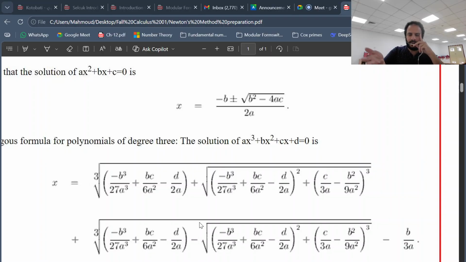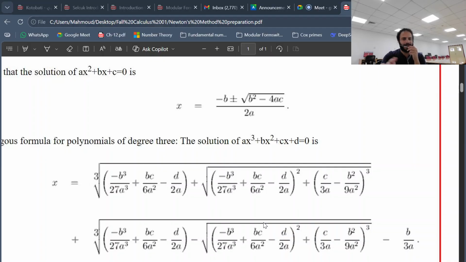It's useless because, for example, if I give you an easy cubic that has integer solutions, these cube roots are not clear. Sometimes you will have a very complicated expression and you don't know that the answer is an integer. So this formula is not that good. I tried to use it 6 years ago, and it was useless.